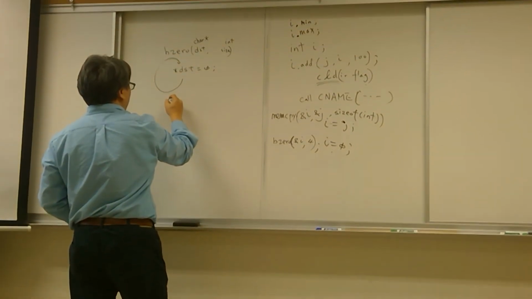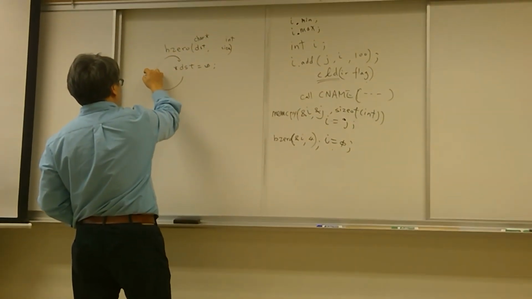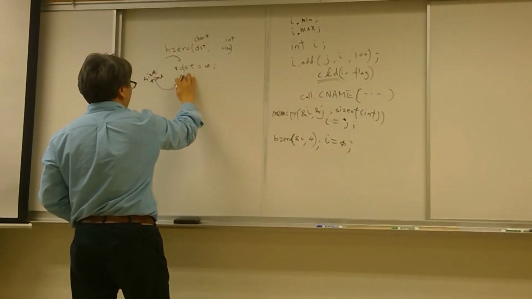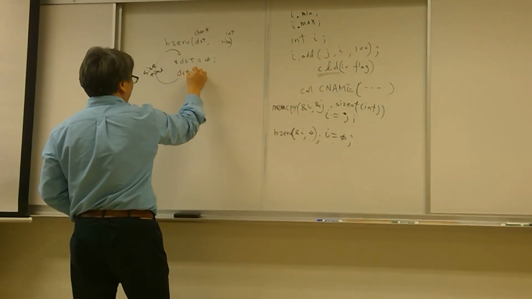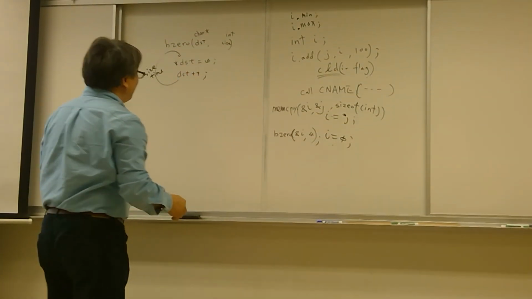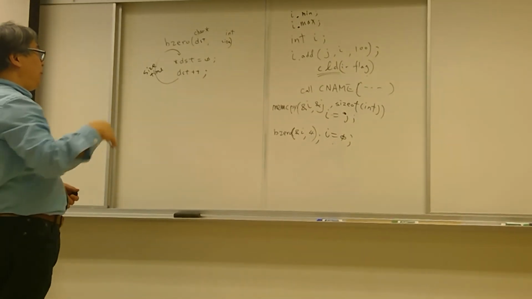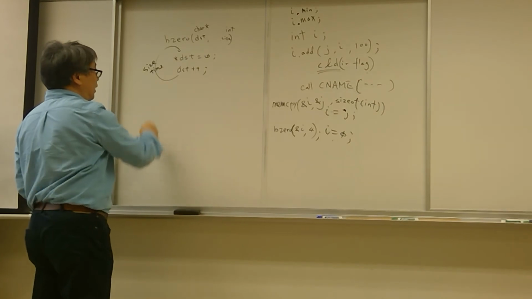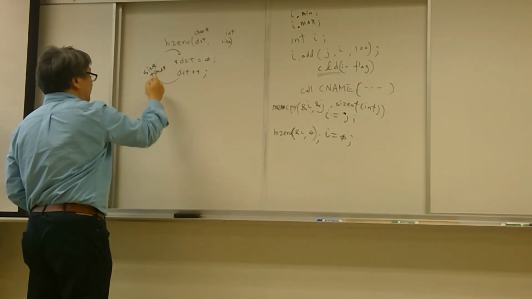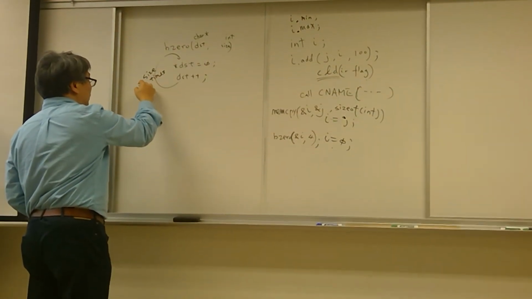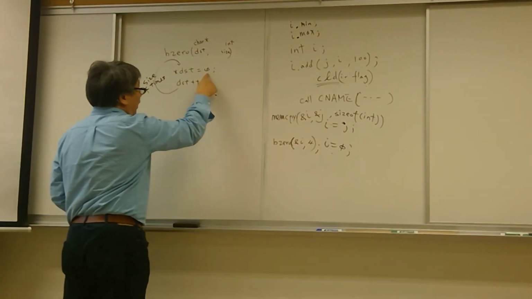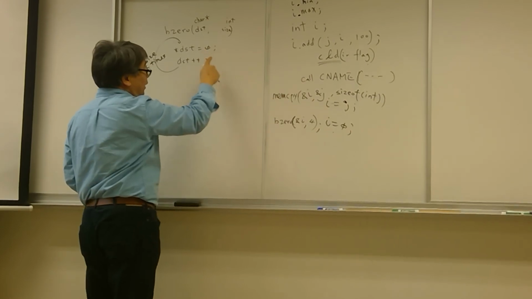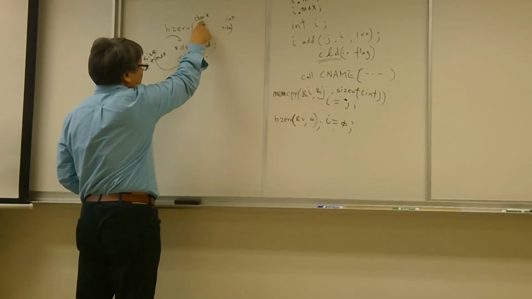So the loop, how many times? The size number of times. DST plus plus. Starting from DST, where it points to is given 0 and then incremented for the size number of times. It's a loop. And this one, the syntax is strictly not 0. 0 is an integer. This one points to a character.